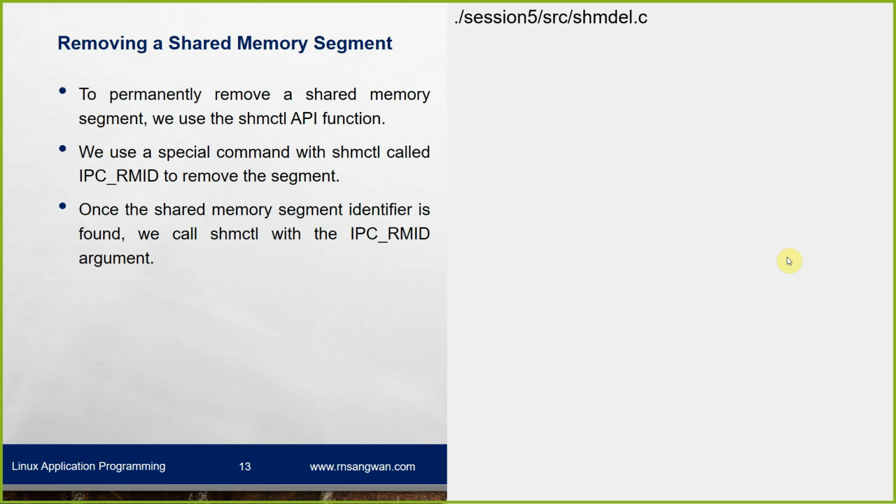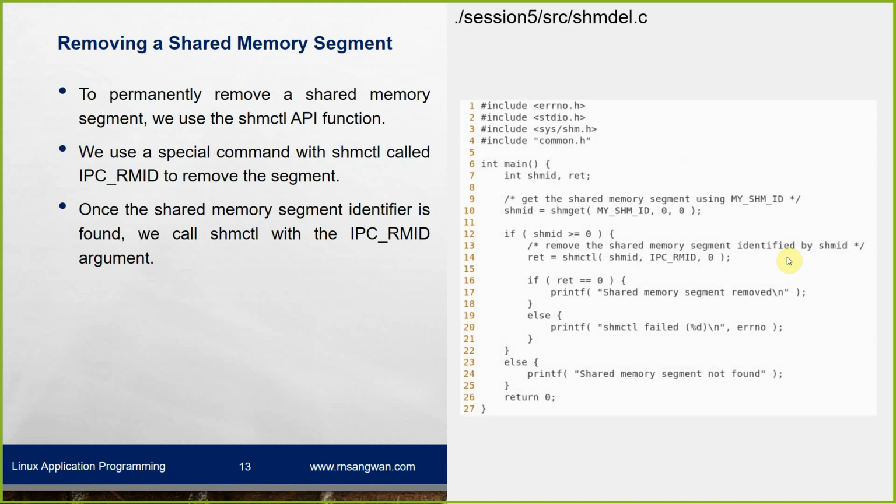Removing shared memory segment. Now we have done all the operations: creation, getting stats, controlling, attaching, detaching, and putting content and reading content. Means our communication part is over. So we need the last step to remove it. To permanently remove a shared memory segment, we use the shmctl API function, same. We use a special command with shmctl called IPC_RMID.